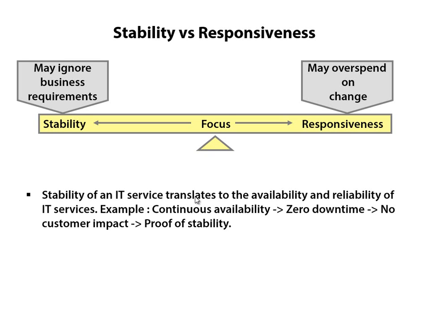For example, in the case of a web hosting service, if the IT infrastructure is stable and has been up every single second for the past 3 months, that translates into the service having no downtime for the past 3 months. This is stability, and this is what the customer needs. Any outage of services will lead to customer impact, and mostly the impact translates into financial losses, so the customer would expect your infrastructure to be extremely stable.